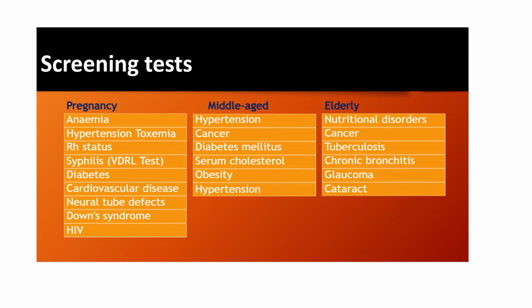In middle-aged people, we check for hypertension, cancer, diabetes mellitus, particularly type 2, serum cholesterol, obesity, hypertension, as we mentioned. In the elderly group, we look at nutritional disorders, cancer, tuberculosis, chronic bronchitis, glaucoma, cataract, and so on.